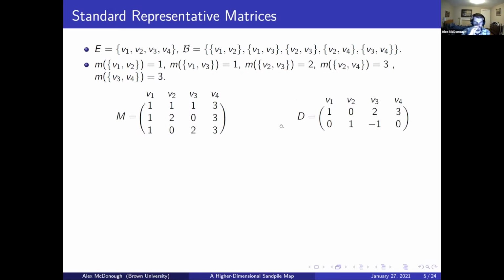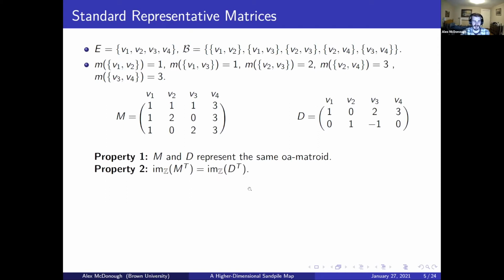So next up, I want to talk about standard representative matrices. This matrix on the left is what we had before, and I have this nice looking matrix on the right, which also satisfies all of these properties up here. So these both represent the same OA matroid. And there's one other nice property, which is that if you take the image of the transpose over Z, they're going to be equivalent. You're going to see this a lot, where I say image over Z of something transpose.